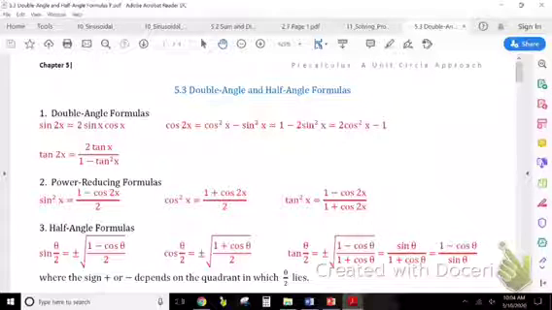I could find it, but I don't want to if I don't have to. The second option I have is right here where it says 1 minus 2 sine squared. Again, I don't know sine, so I don't want to have to find it if I don't have to. And the third option here is 2 cosine squared minus 1. But we know cosine, don't we? So that's why I chose that one to use.